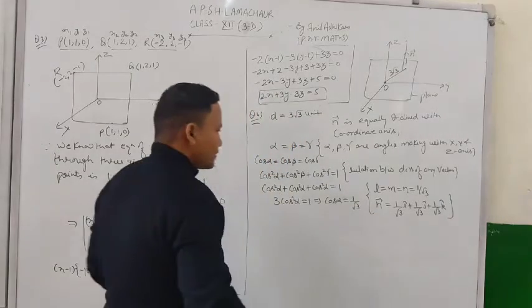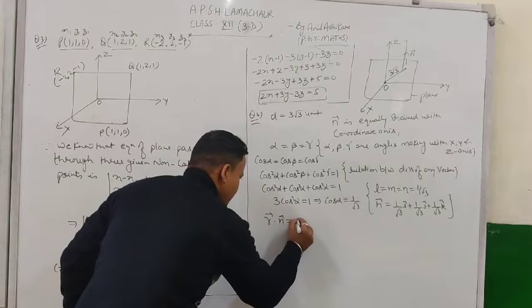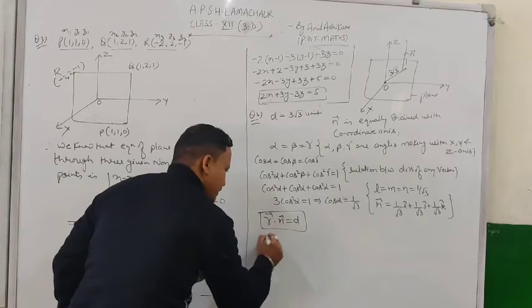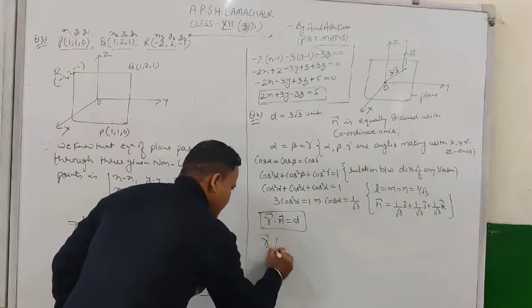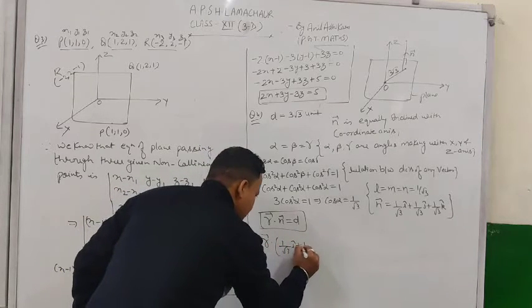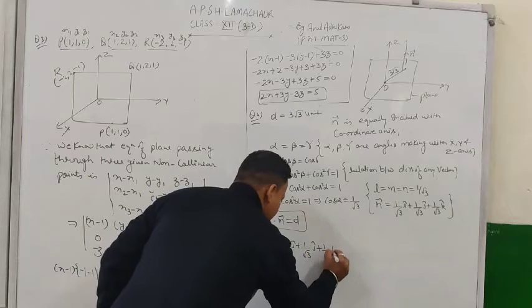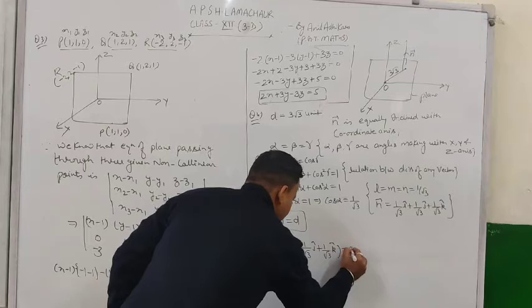So our required equation will be, we know that r vector dot n vector is equal to d. Now substituting the values, we get r vector dot (1 upon root 3 i cap plus 1 upon root 3 j cap plus 1 upon root 3 k cap) is equal to 3√3, the distance that has been given.